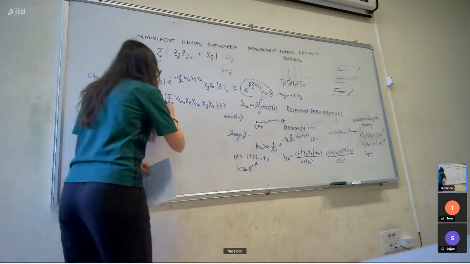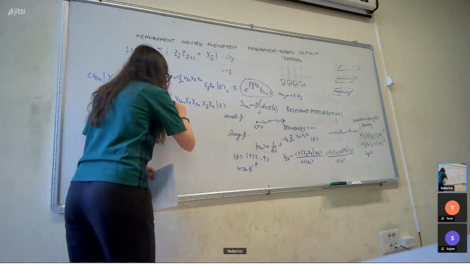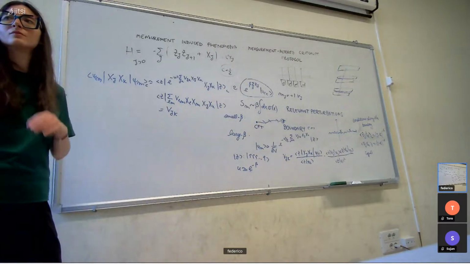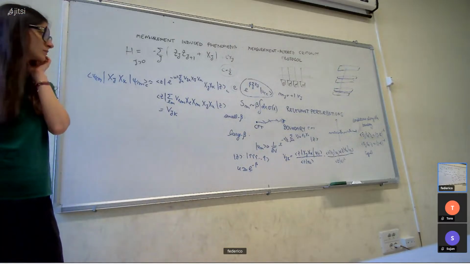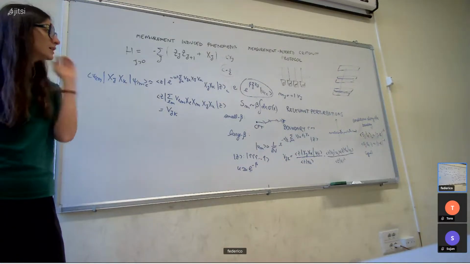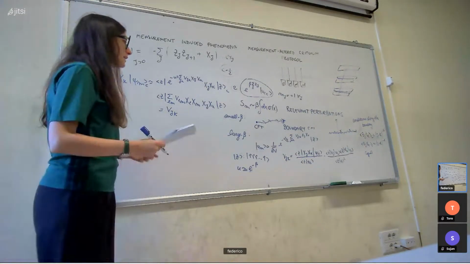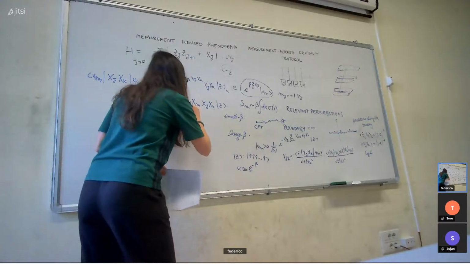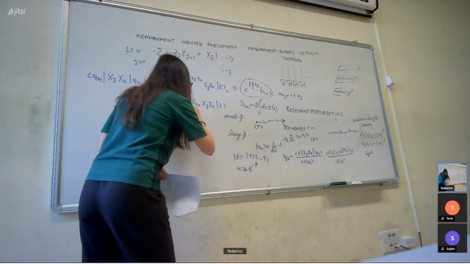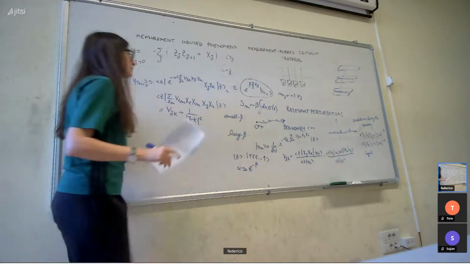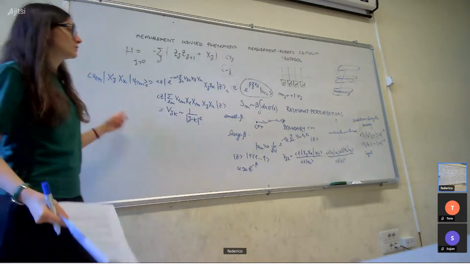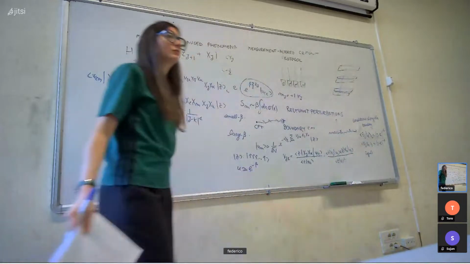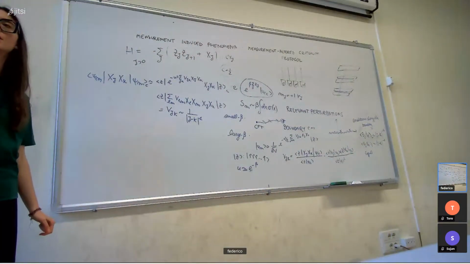So this is exactly D_jk. And D_jk, I haven't told you, but this D_jk is 1 over j minus k to the power of 4, which is exactly what you read from the conformal field theory.